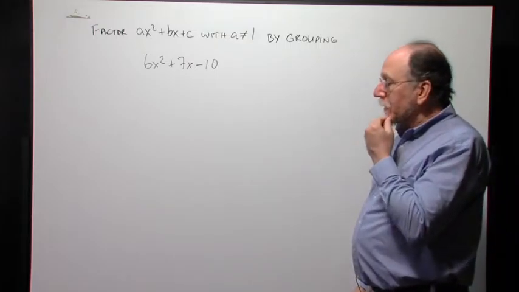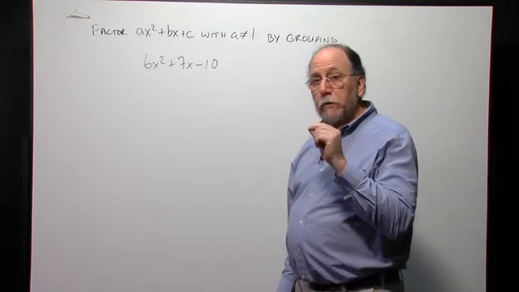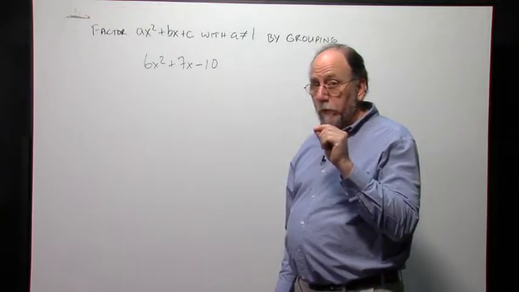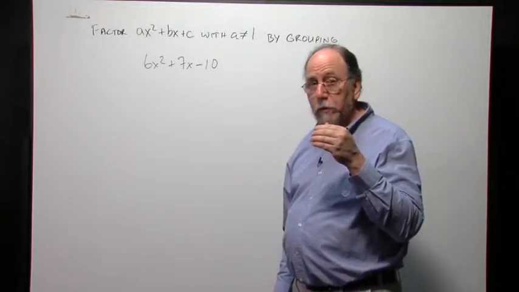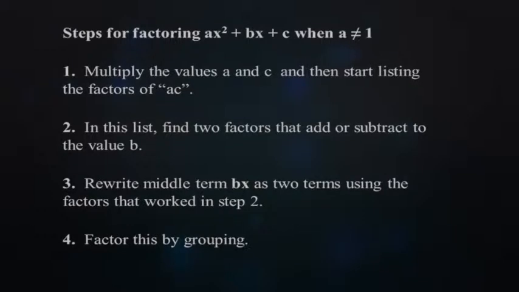Okay, so let me go over the procedure first with you to make sure you understand what the book says about this. First step is to multiply the values of a and c in the form here, and then start listing the factors of the product AC.